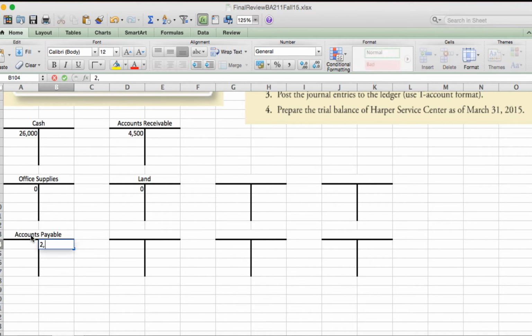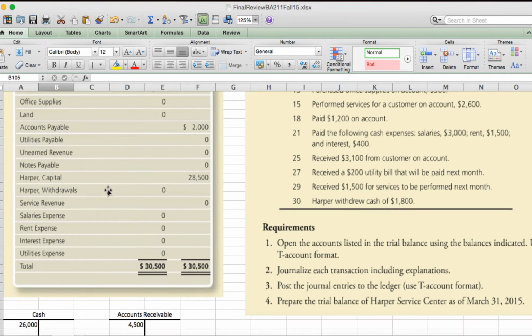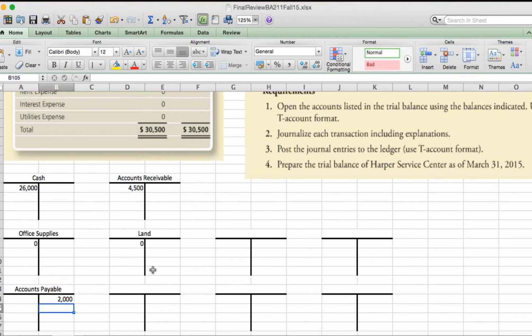And that was a credit, so we want to make sure that goes in on the right side. Then these all are 0 balances, but we're still going to put those 0 balances on the right side just to remind us that these carry credit balances. So we got utilities payable, unearned revenue, and notes payable all 0.